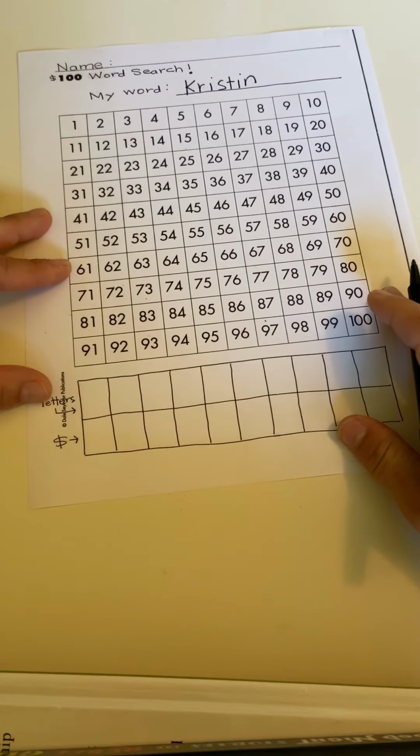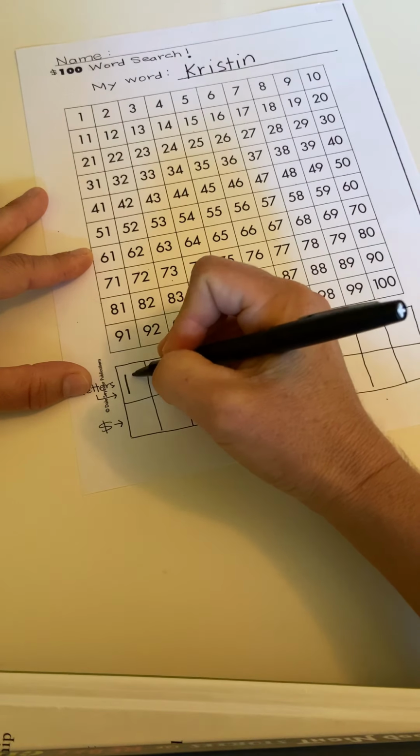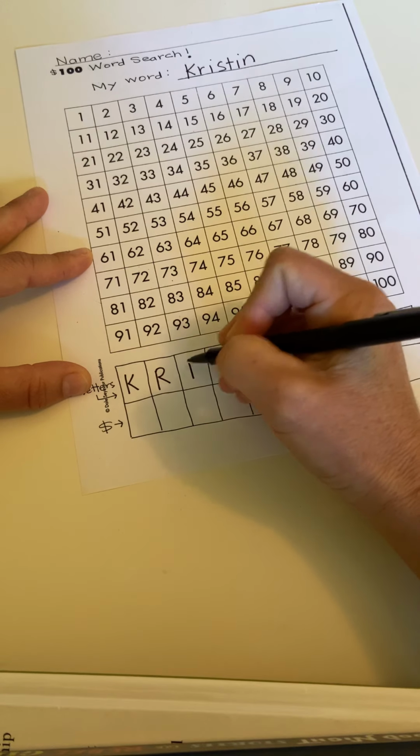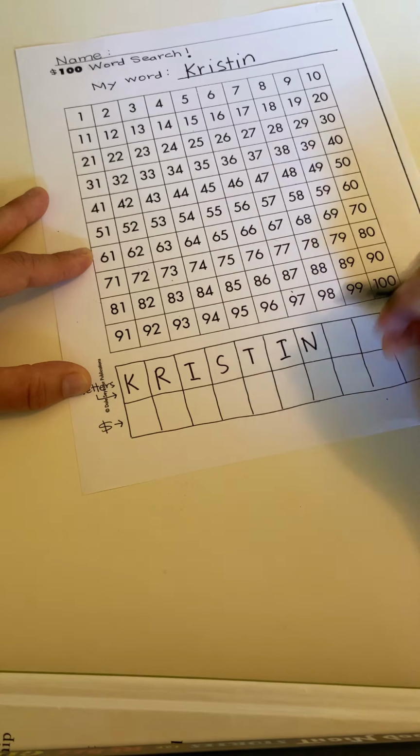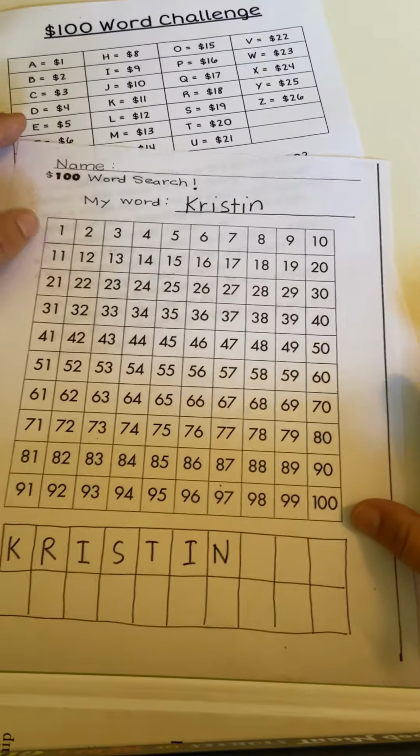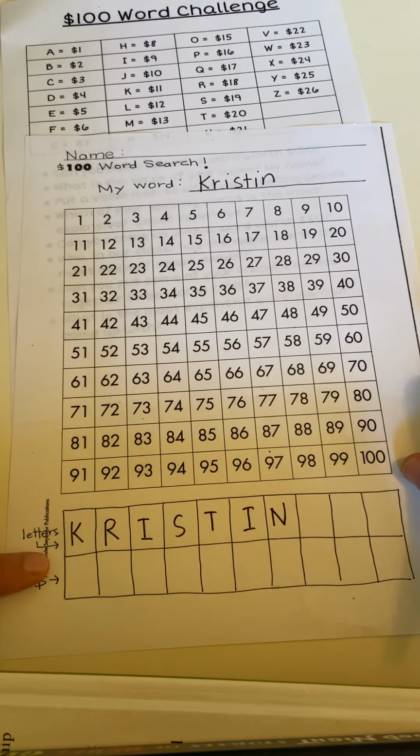So I'm going to go ahead and write the letters one by one down here. K, R, I, S, T, I, N, and then I will use the values to quickly fill in how much each letter is worth.